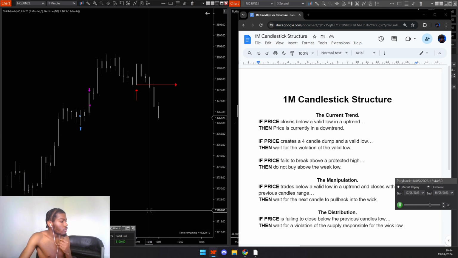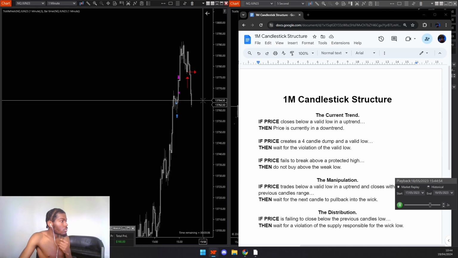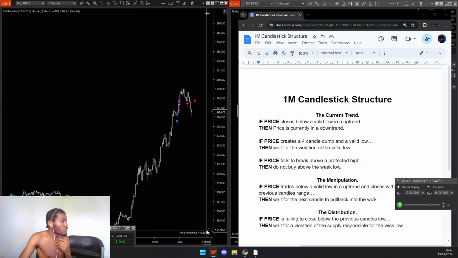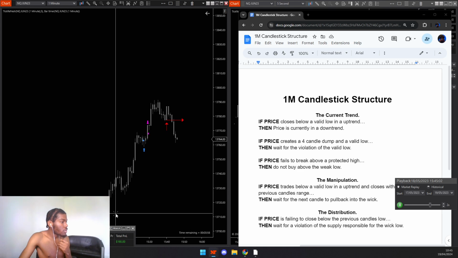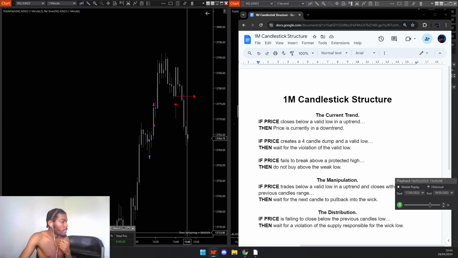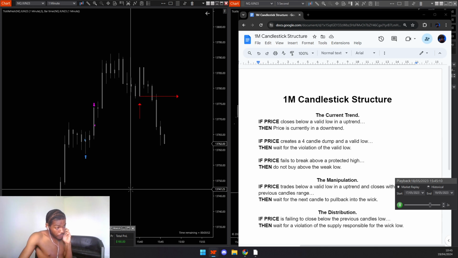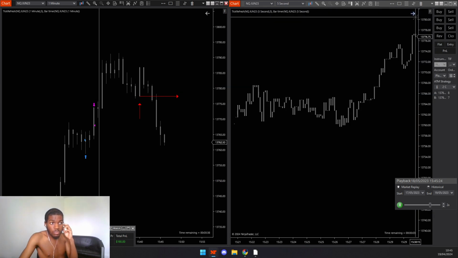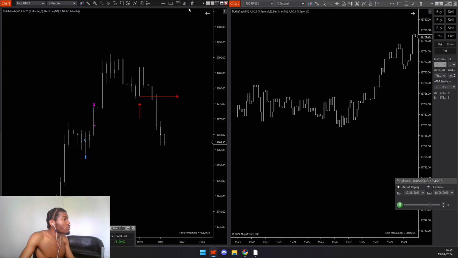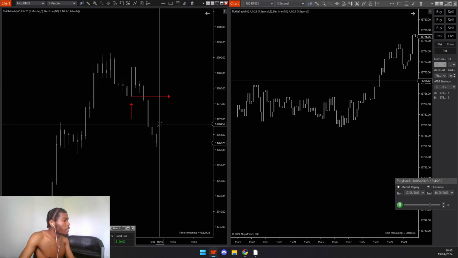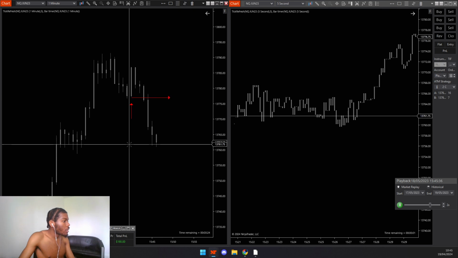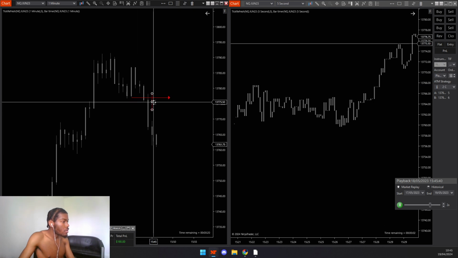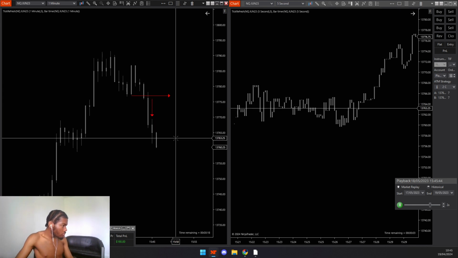So let me see. Okay, cool. This is just a lower time frame range. So that's fine. I'm paying attention to valid highs now.